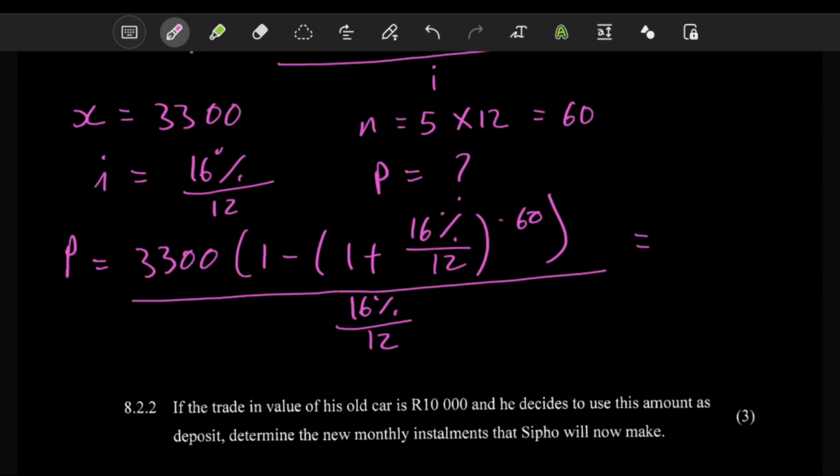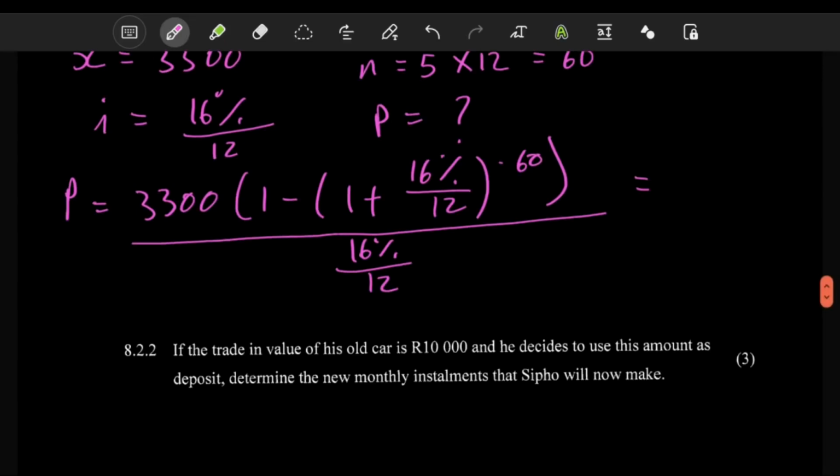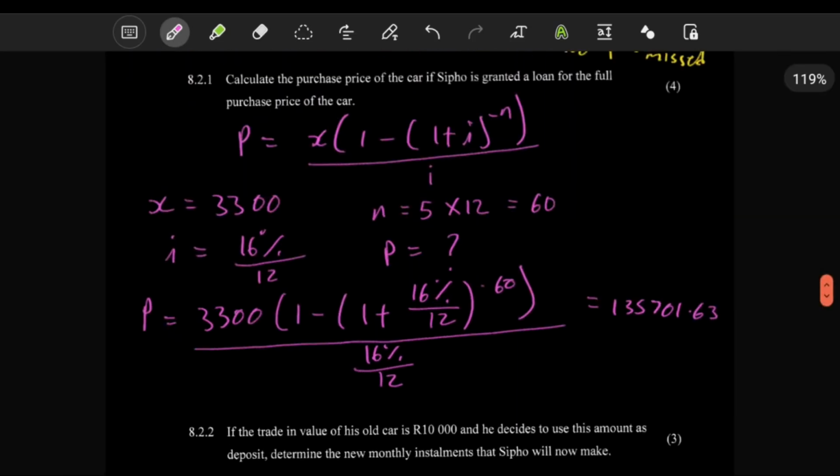Don't worry about anything, this is not a difficult question. All this in your calculator is giving you 135,701.63. That's how much this loan is worth.